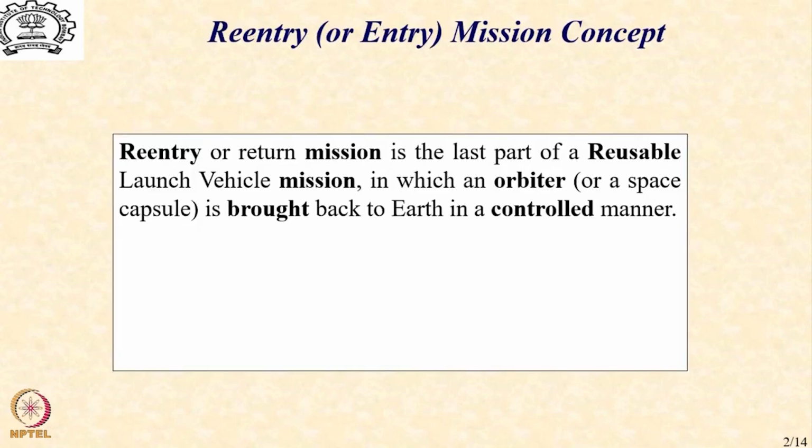So, let us first define what is the problem that we are talking about. Re-entry or return mission is typically the last part of a reusable launch vehicle mission in which an orbiter or a space capsule or any other similar object is brought back to Earth in a controlled manner.